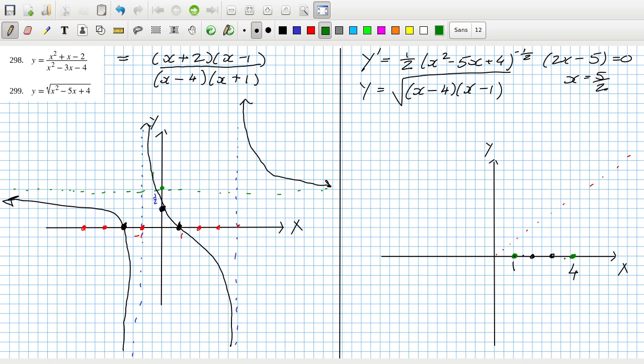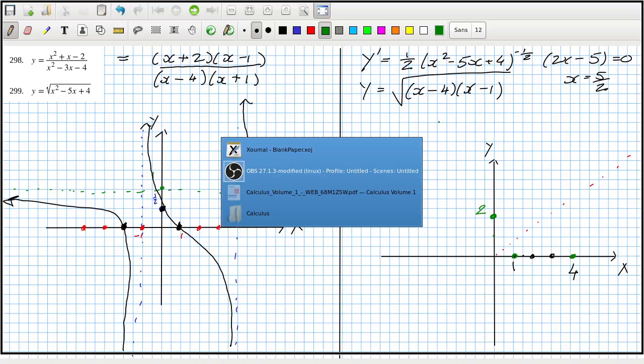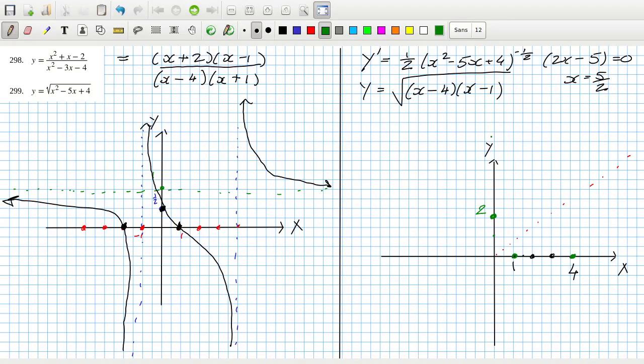At 0, it'll be at 2. But we can't have it go, oh, the software's not working. We can't have it go negative.